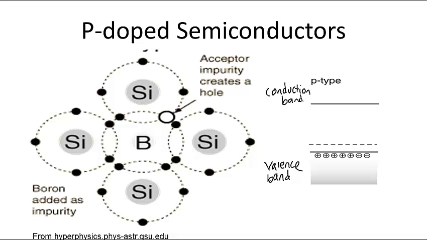So now the conduction band is completely empty. Here we have missing electrons from the doping agent because it has fewer valence electrons.